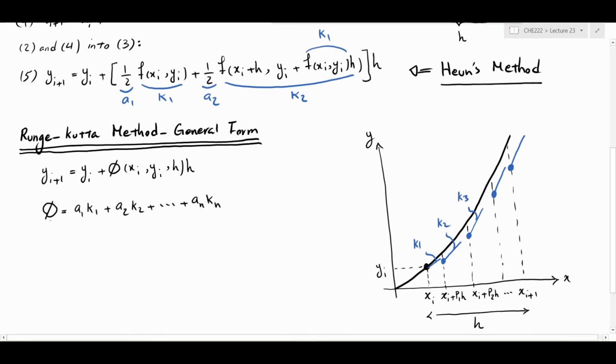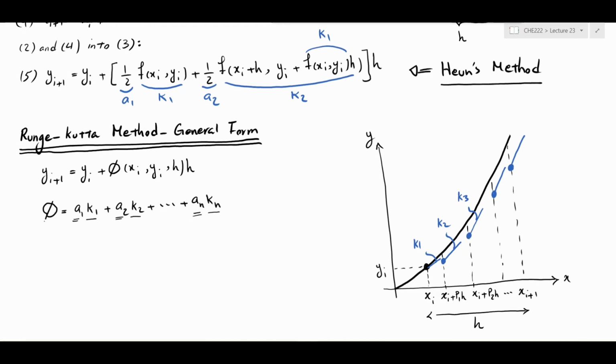If you noticed, phi in here is calculated based on slopes of the function at different points, which are k1, k2, all the way to kn, times some sort of weights, which are a1, a2, all the way to an. So phi is some sort of weighted slope for the function within the interval that we are solving.